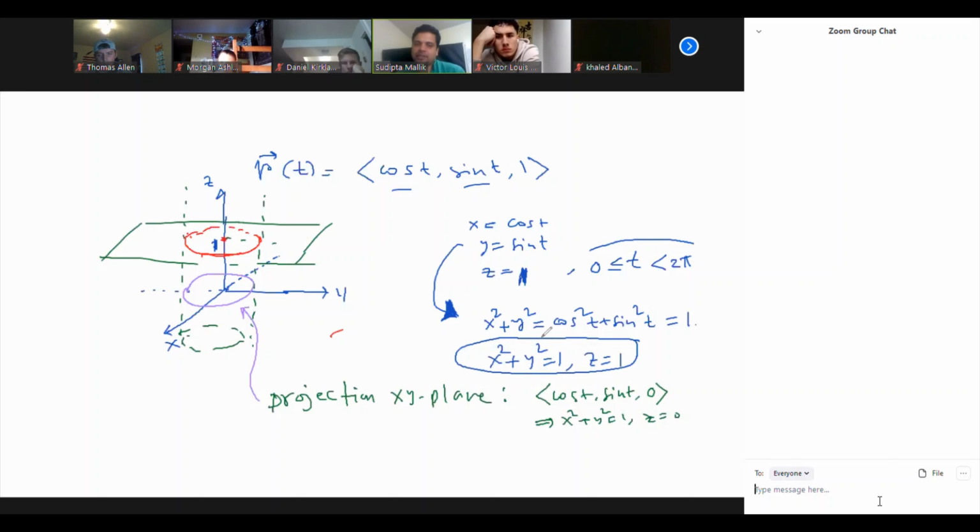So by the projection on the xy plane, yz plane, and zx plane, you can get an idea of the space curve. That will help you visualize. Okay, so if you project this on, let's say, the xz plane, what do you get?